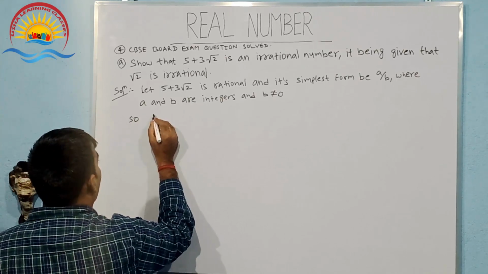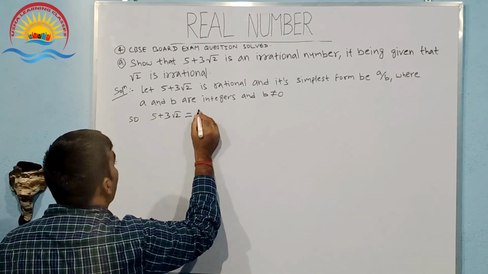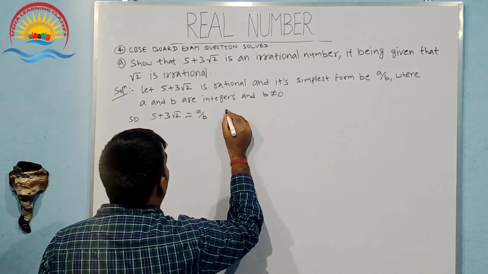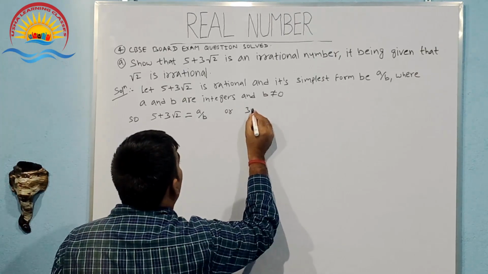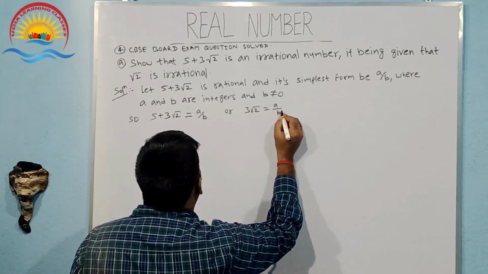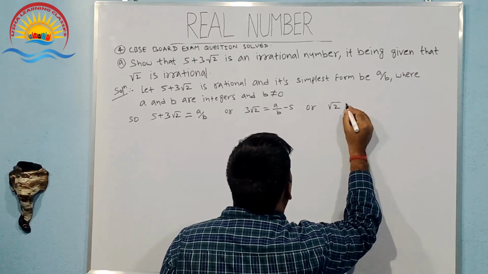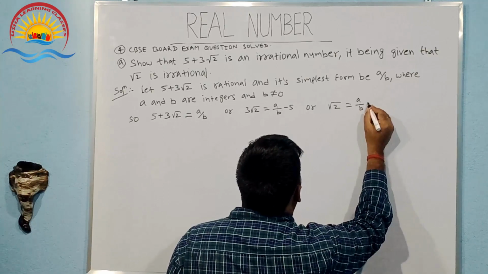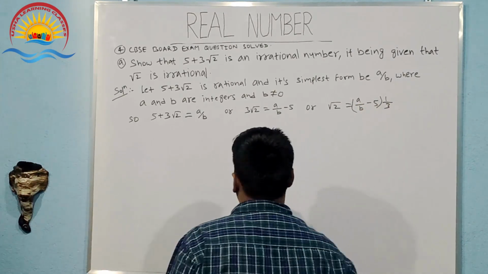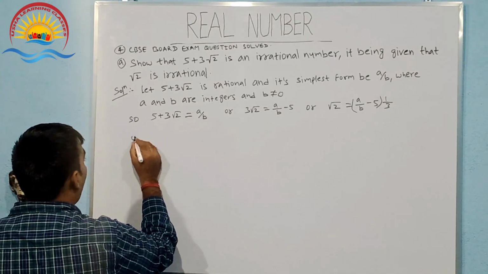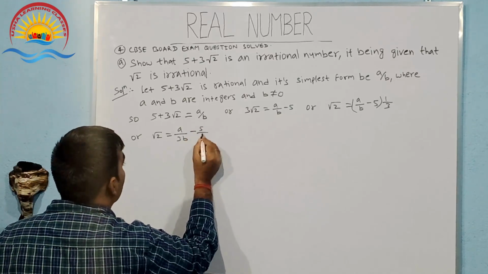So 5 plus 3 root 2 equals a by b, or 3 root 2 equals a by b minus 5, or root 2 equals a by b minus 5 into 1 by 3, or root 2 equals a by 3b minus 5 by 3.